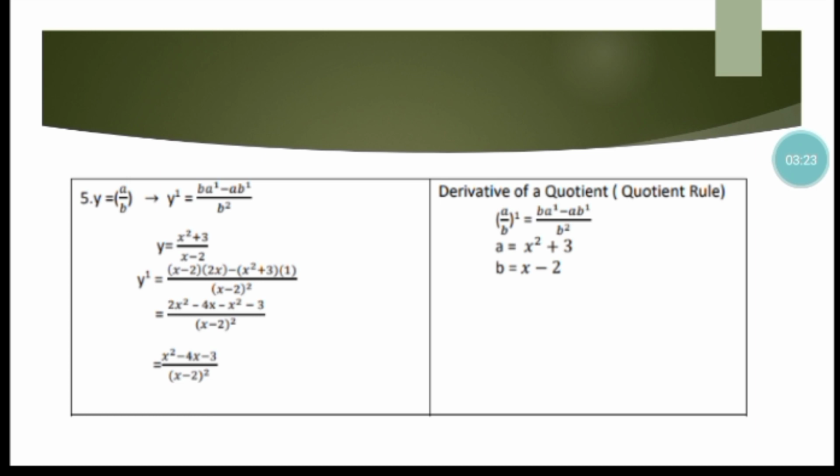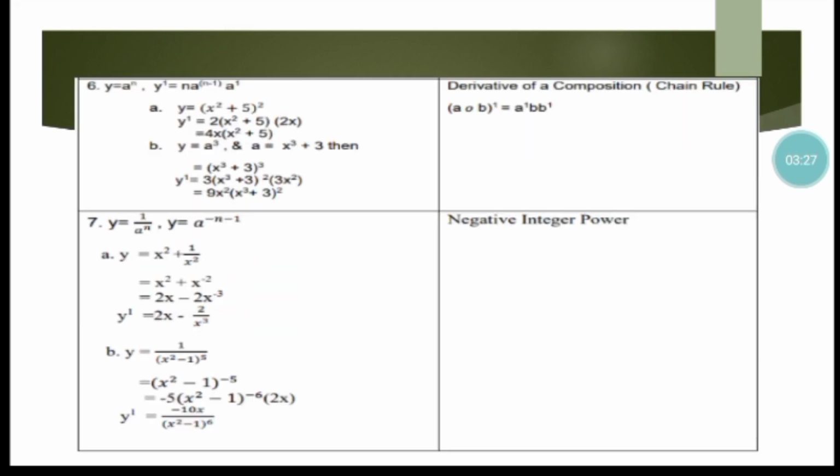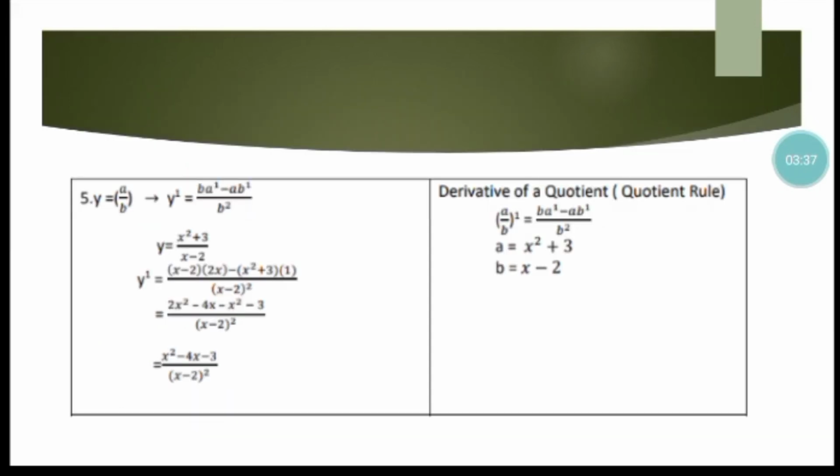Number 5 is the derivative of a quotient, or the quotient rule. In the product rule, you copy the first term, find the derivative of the second term, copy the second term, then find the derivative of the first term. The quotient rule is b times the derivative of a minus a times the derivative of b, over b squared.